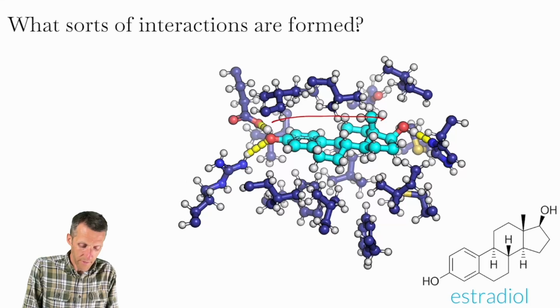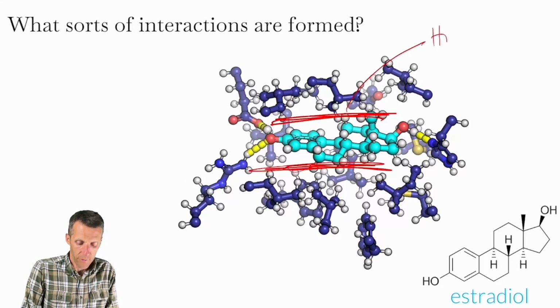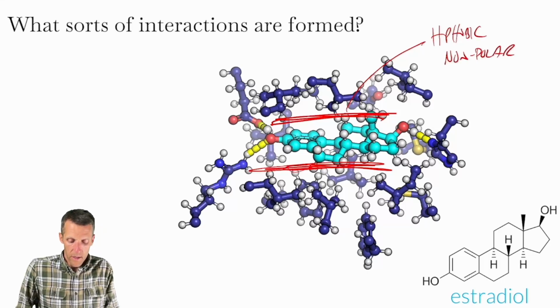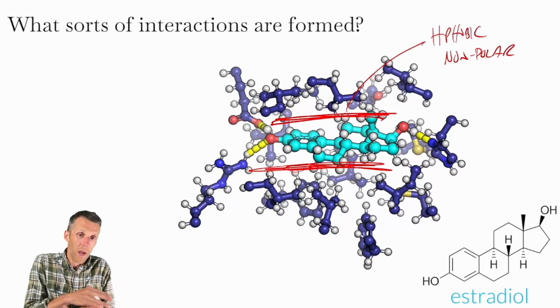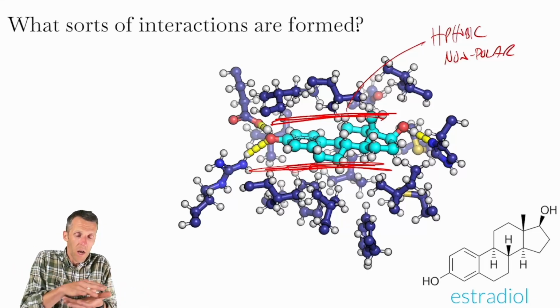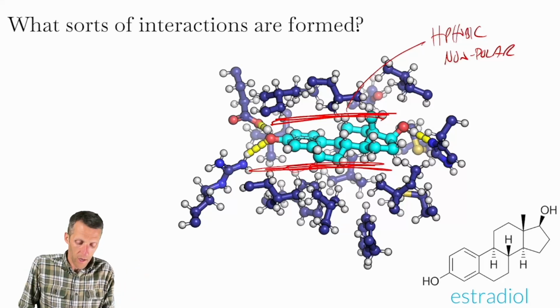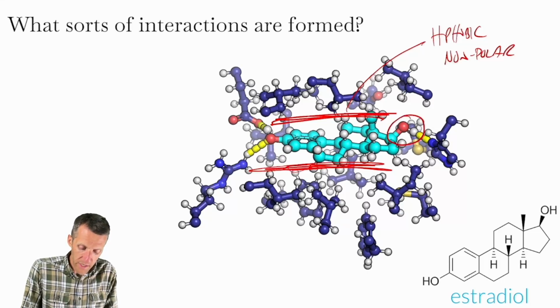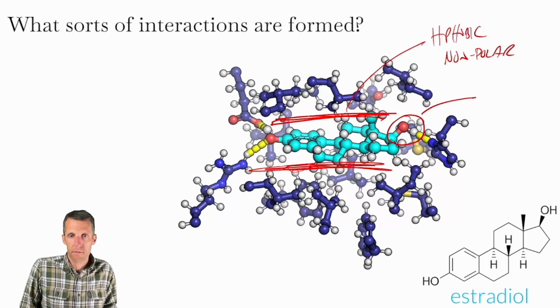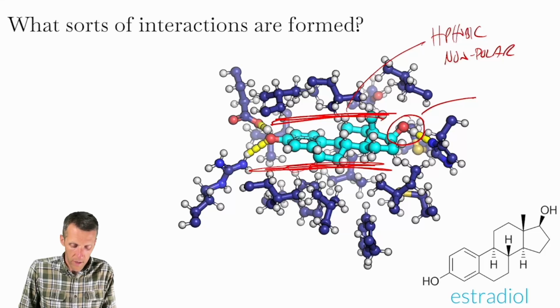So one set of interactions is up here, and these are the hydrophobic or non-polar interactions. This is basically a bunch of carbons and a bunch of non-polar hydrogens that are all stacking together, excluding water, having a nice hydrophobic interaction surface. Over here, the right side of estradiol is interacting.